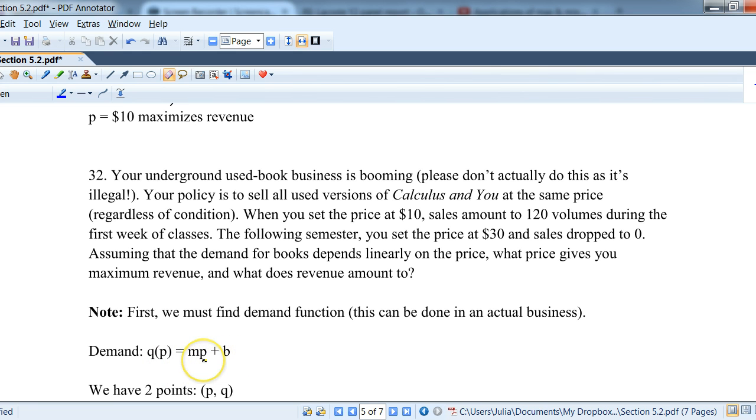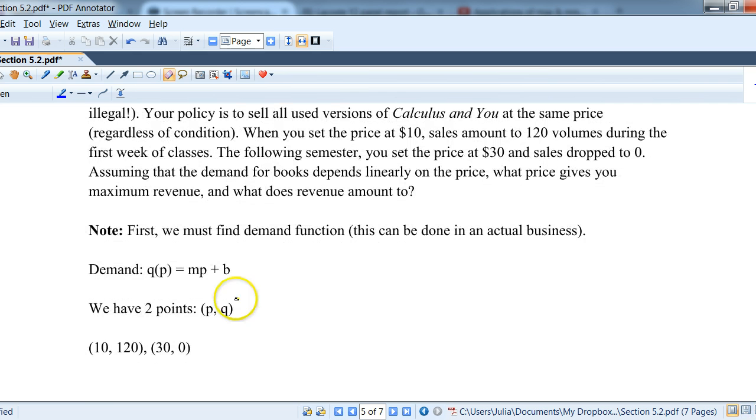So it's a linear equation where P is the x, the price is your independent variable, and your quantity depends on price, which is your y. So we have 2 points. Since P is your x, we write that first, and then Q is your y. And you can write them as 2 points, (10, 120) and (30, 0).